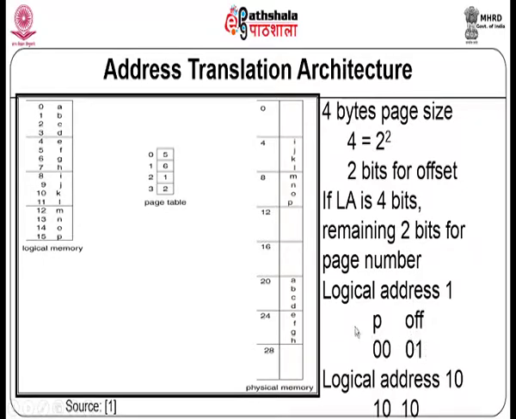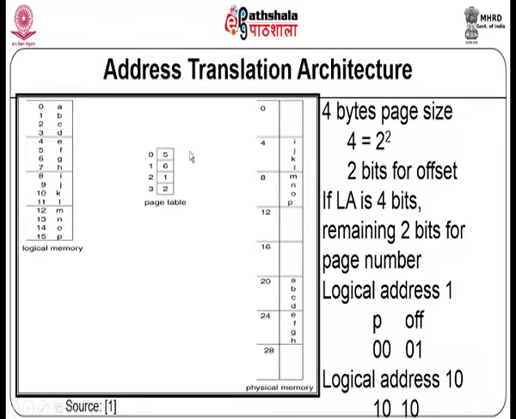Now consider the logical address 1, that corresponds to this B. 1 can be written as 0001, so 01 will be the offset and 00 will be the page number. What happens during address translation? The page number is used as an index into the page table. So 00 is used as an index into the page table, which corresponds to the first location, where the frame number is 5, and each frame has 4 bytes.